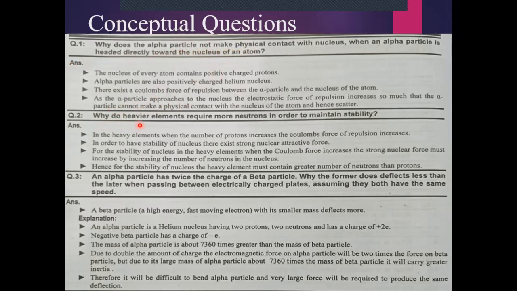Second question is, why do heavier elements require more neutrons in order to maintain stability? As we know, in case of heavier elements, the number of protons or Z number increases. So in the nucleus, the protons also increase, and the force of repulsion between the protons will also increase.